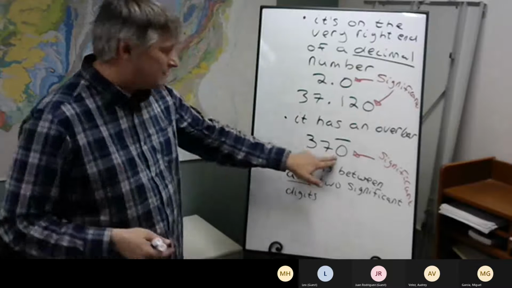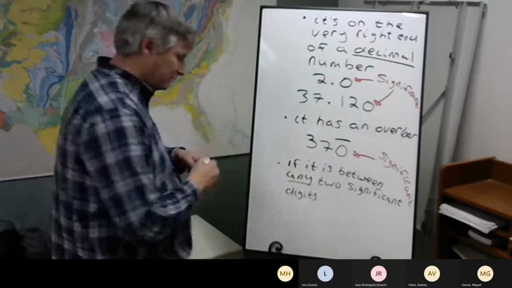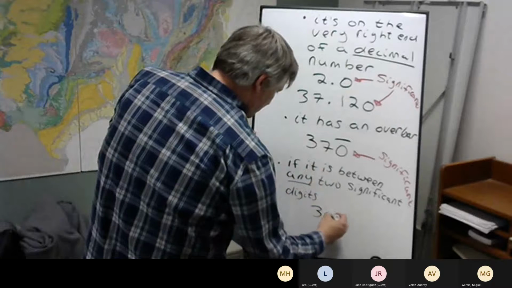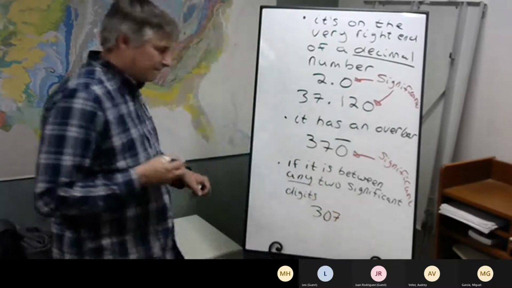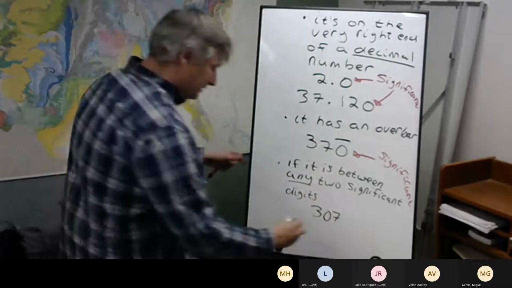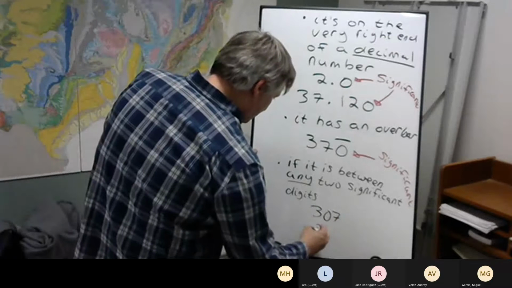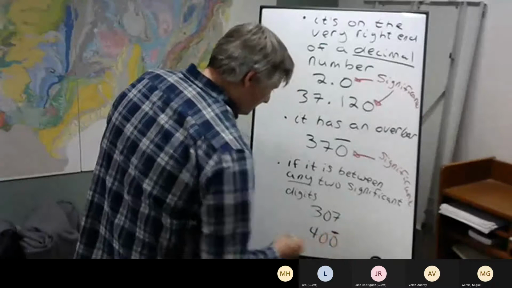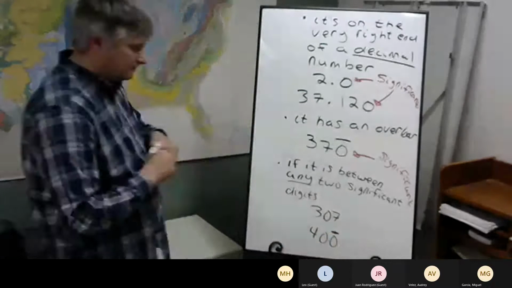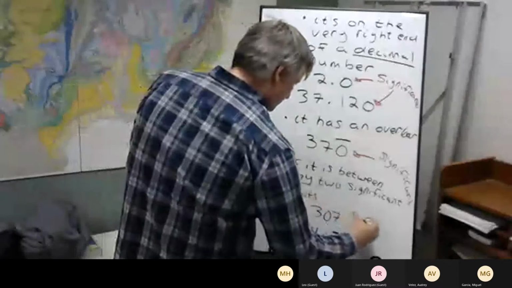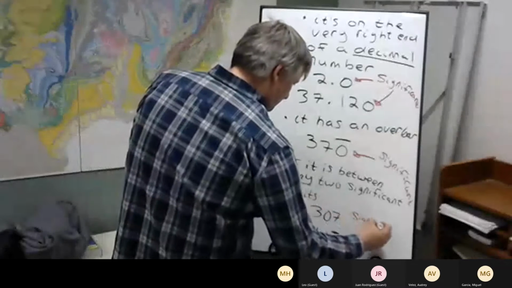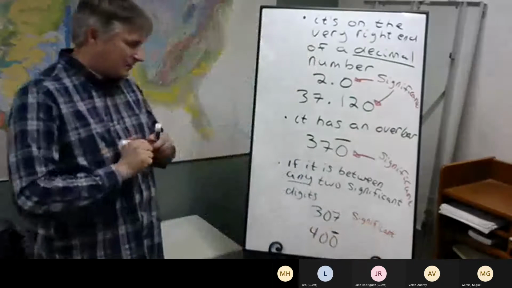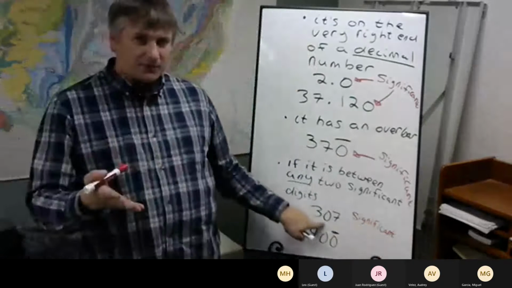But also, if we've got this overbar, so again, we'll have a replay of what we saw in the first example. But if you have something like this, so again, this is like the first example.